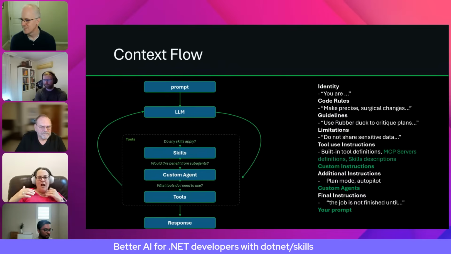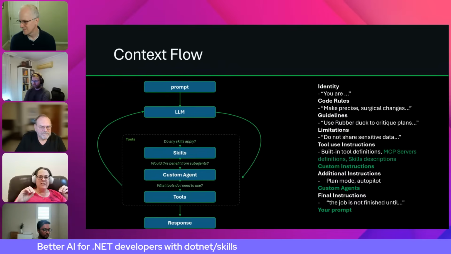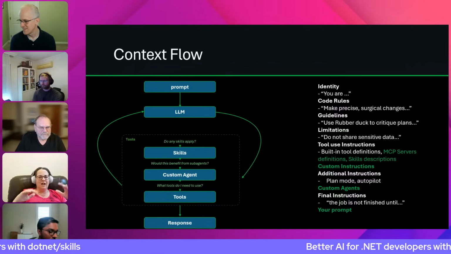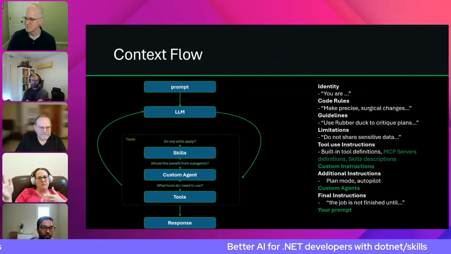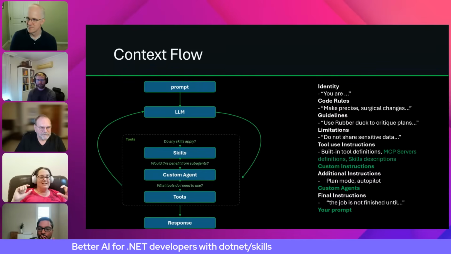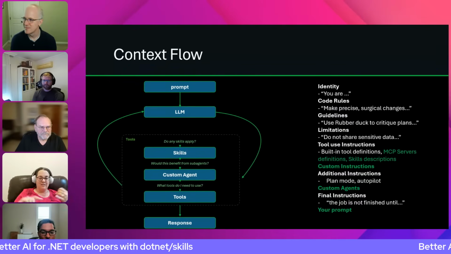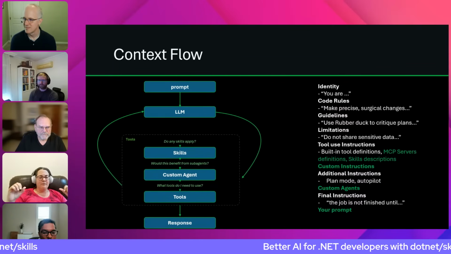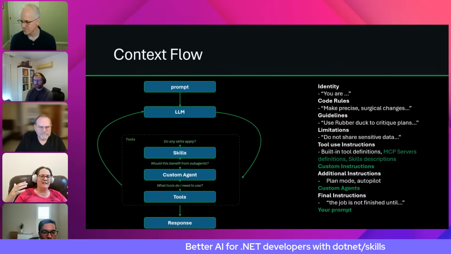And then it goes even further into guidelines, not the specific rules, but guidelines of you should use such and such to do these types of things. Then it provides a list of limitations. Don't share sensitive data. These are all your responsible AI type of limitations that we remind the model that it needs to follow.